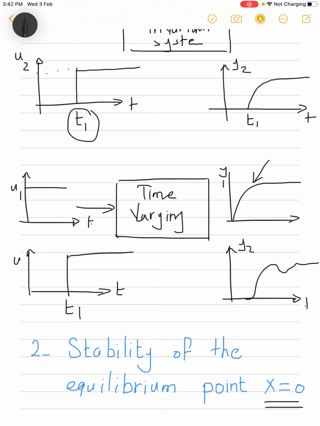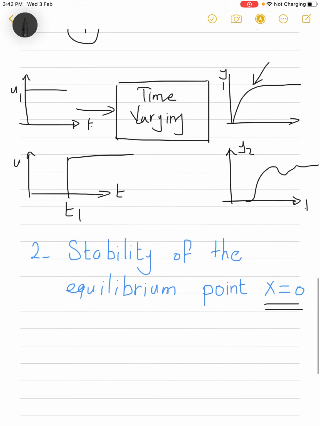My objective in this part of the video is to show that this is not restrictive, because we can always shift the axis of the original system to where the equilibrium point lies, and consequently the origin of the new axis will be the equilibrium point. I'm going to show that by a simple example.